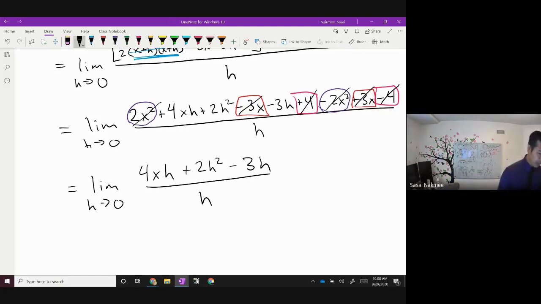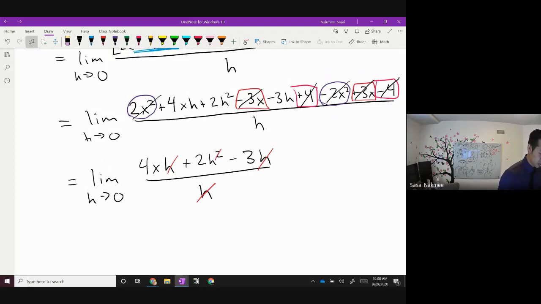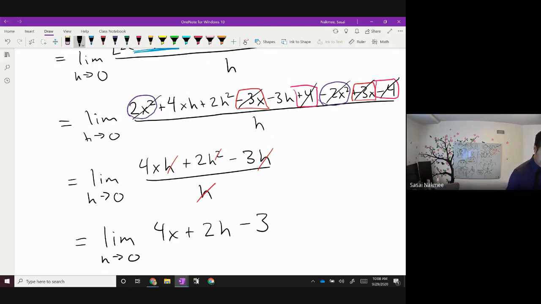Hopefully you guys see there's an h in every single term in the top, along with one h in the bottom. I can cancel out a single h, can't I? I can cancel out one h here, one h there, and one h there. And you're going to be left with the limit as h approaches 0 of 4x plus 2h minus 3.